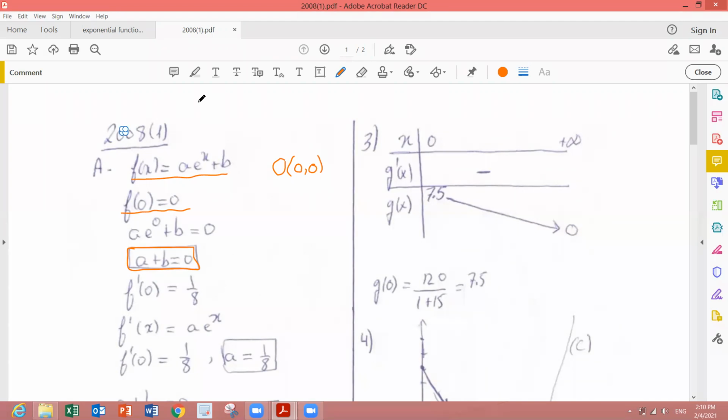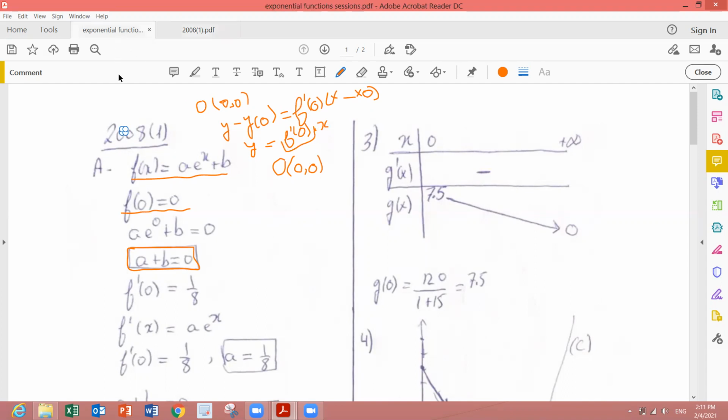You know that the equation of the tangent at O, the equation of the tangent بيكون y minus y0 equal f prime of 0 into x minus x0. y0 here is 0, so y equal f prime of 0 times x. The slope هو f prime of 0.